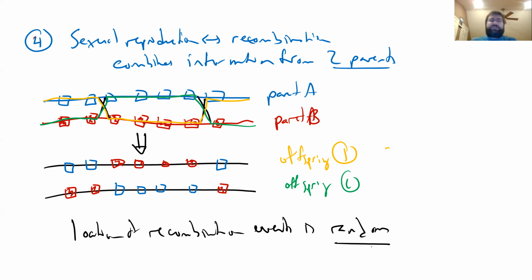So this framework describes what happens at the individual level.